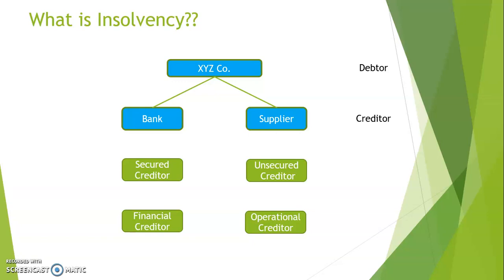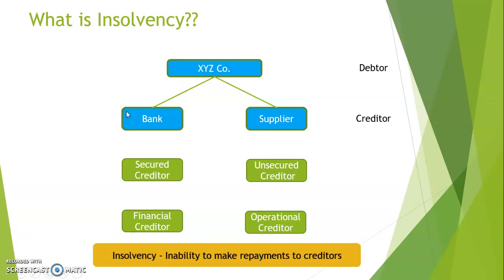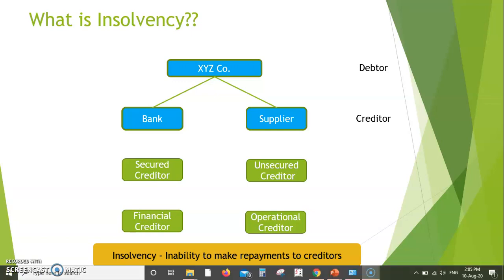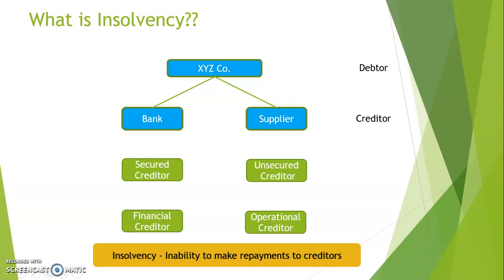Now, this stage of inability is what insolvency means. In short, insolvency is an inability to make repayments to the creditors. So a situation wherein the debtor finds itself unable to pay back any of its creditors is called insolvency.